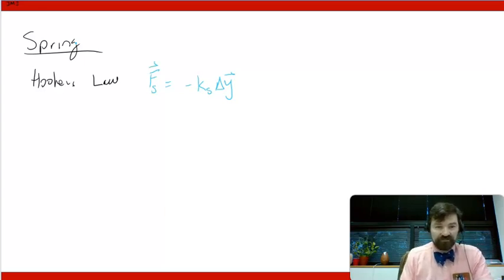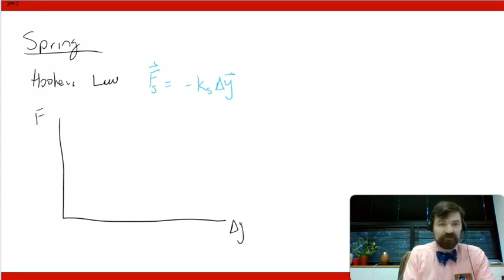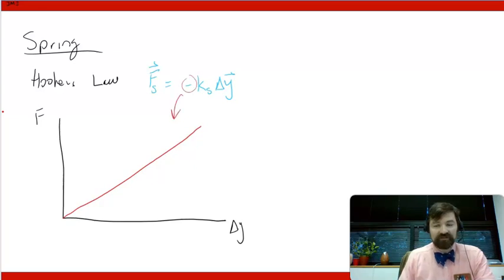That means that if I was going to, again, make a plot for spring force versus displacement, so delta y here, force here, rather than having a horizontal line, I now have more of a diagonal line. And again, I need not pay too much attention to the minus sign for the purposes of this plot.